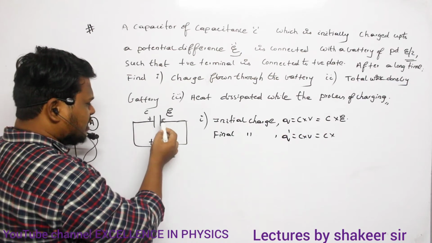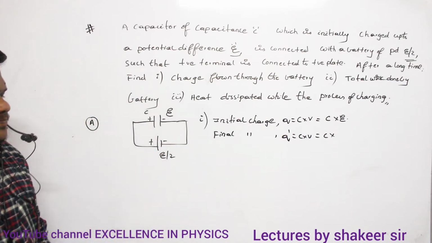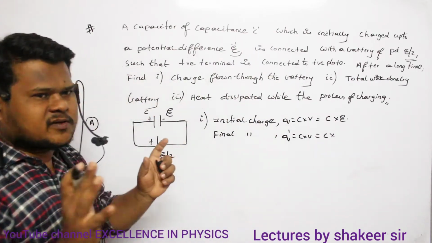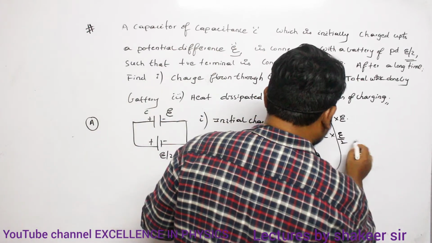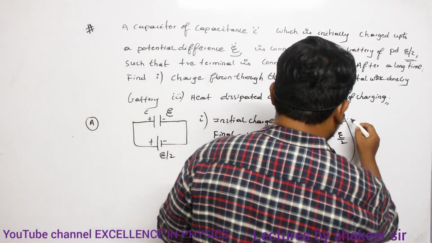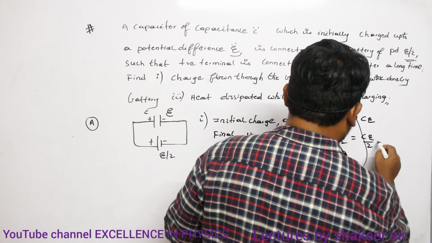So finally, the capacitor also will have the same potential difference of E by 2. After some time, the potential difference between the plates of the capacitor will be E by 2. So initial charge is CE, final charge is CE divided by 2.